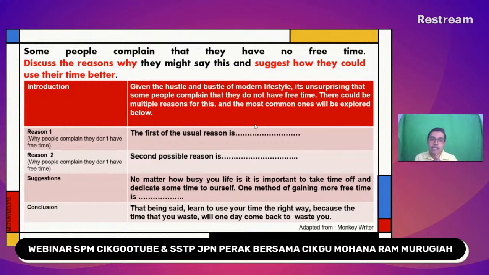So at this point of time, this is the structure that you need to follow. This is the factual, opinion-based, advantages or disadvantages structure.